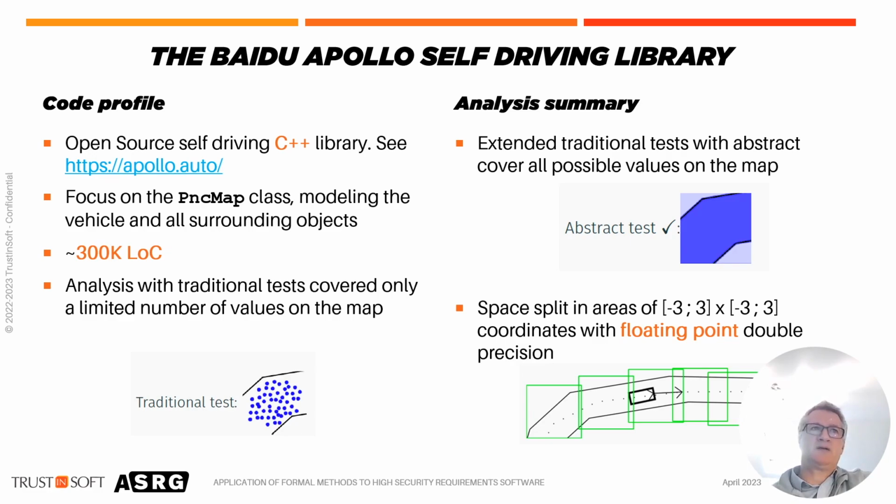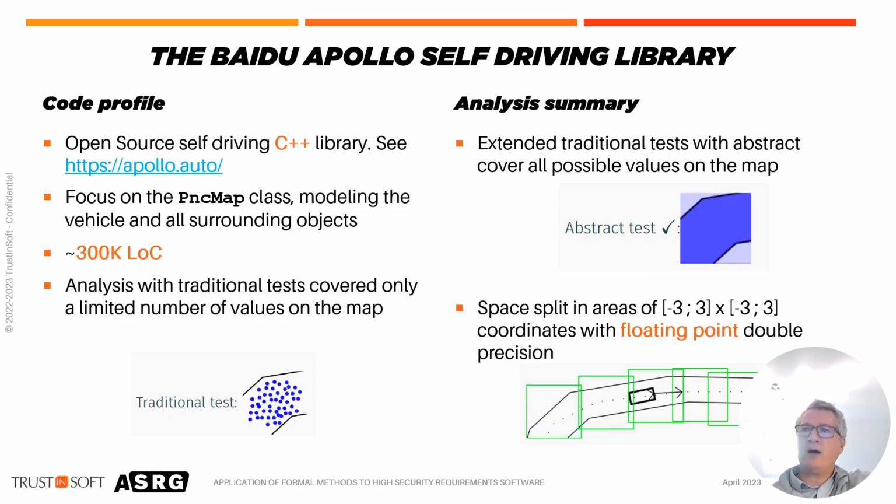In the case of the TrustInSoft analyzer, we put our focus on the PNC map class and all the dependency classes that model the vehicle position and all the surrounding object positions in space. It's 300k lines of code, so it's a fairly large code base.